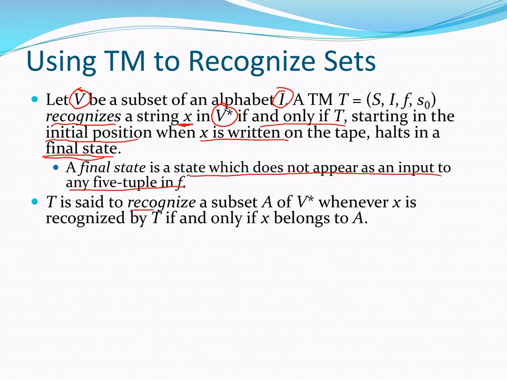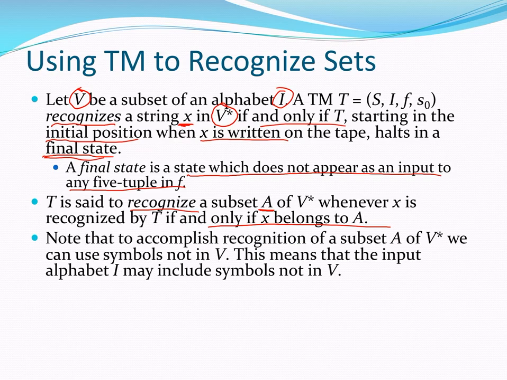And then we say that a Turing machine recognizes a subset A of V star whenever X is recognized by T if and only if X belongs in A. So it recognizes everything in A, then we've got a Turing machine that recognizes A. Now we can use other symbols not in V to accomplish this recognition.